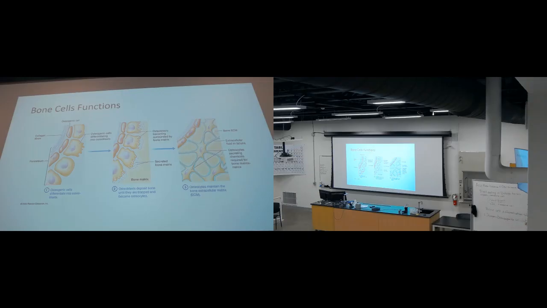From osteogenic to osteoblast to osteocyte. From immature to more mature. Think about stages of life for us, for humans. We start as babies, then child, adolescent, young adult, middle-aged adult, older adult, and then elderly. So that's how it goes, from less mature to more mature. Okay?